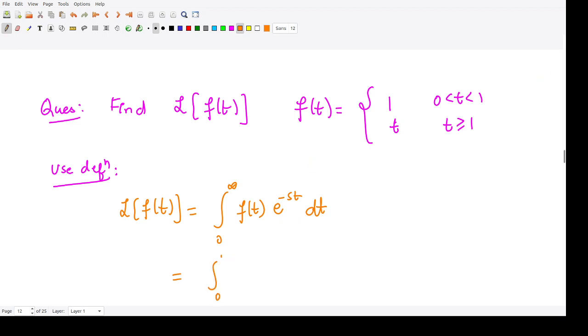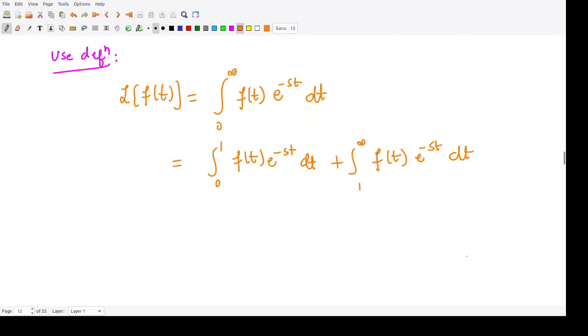So we would have 0 to 1, f of t e to the power minus st dt, and then from 1 to infinity f of t e to the power minus st dt. So this is what we got.